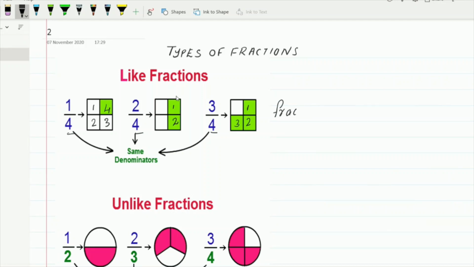So I will write the definition here: fractions with the same denominator are called like fractions.